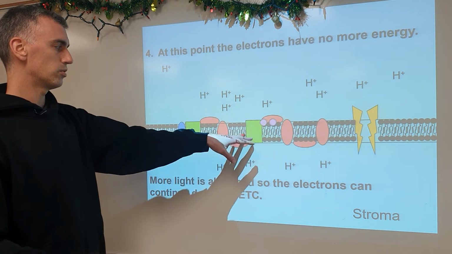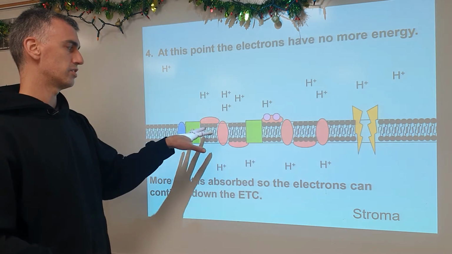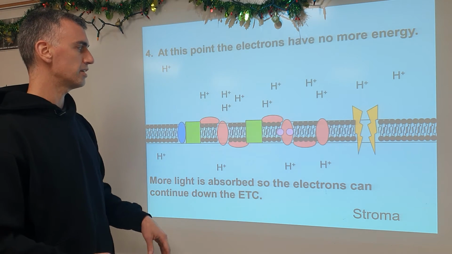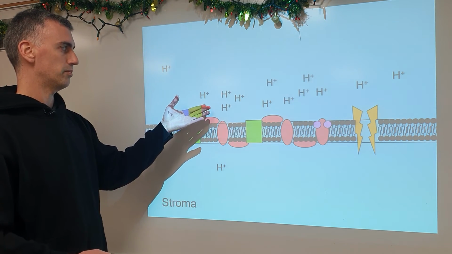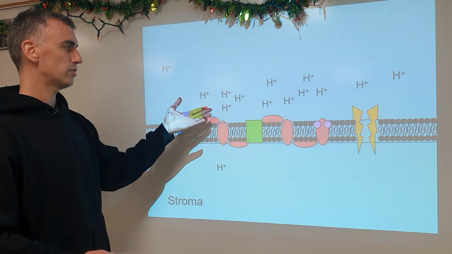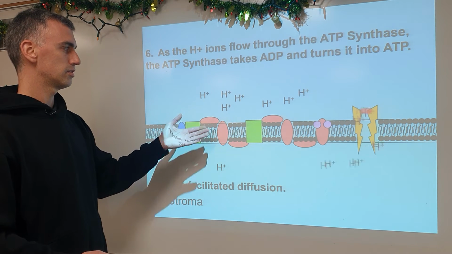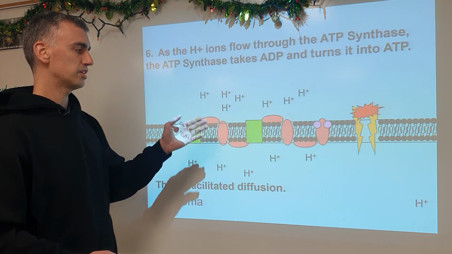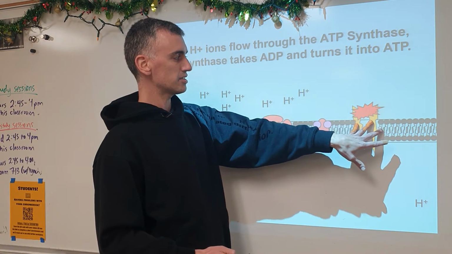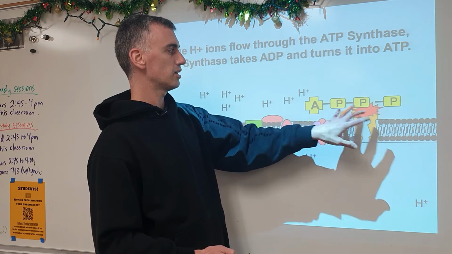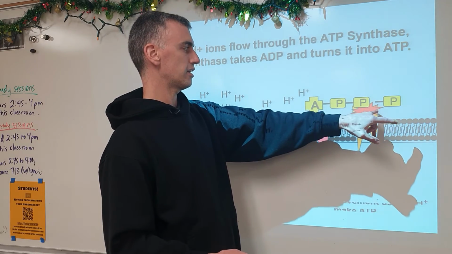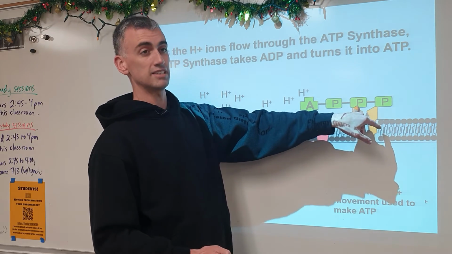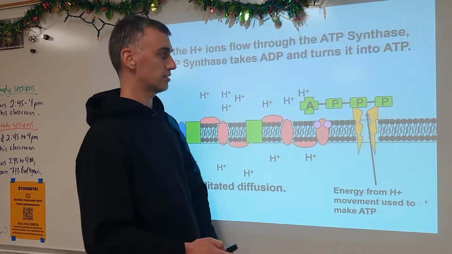There's a whole thing where it absorbs more of this photosystem 1 and 2 and all that. That's a whole other thing. But the point is, hydrogen ions build up. They now begin to flow through like that, powering the ATP synthase, which produces ATP by taking ADP, adding a phosphate to produce ATP, adenosine triphosphate.